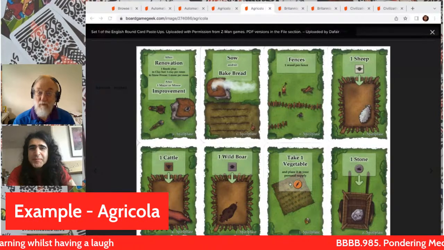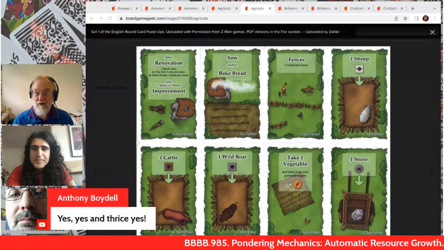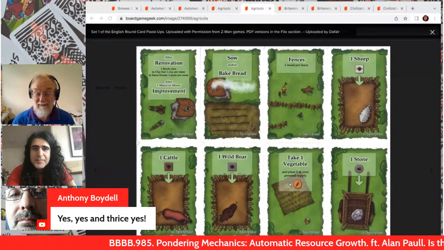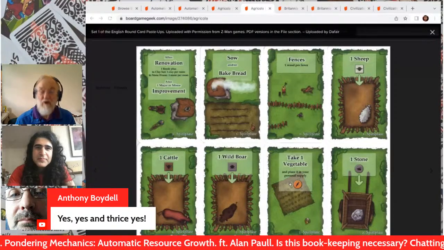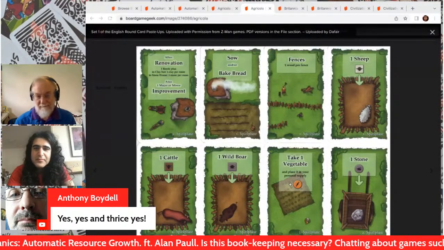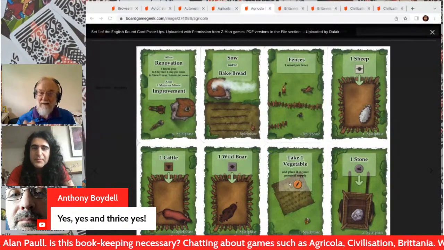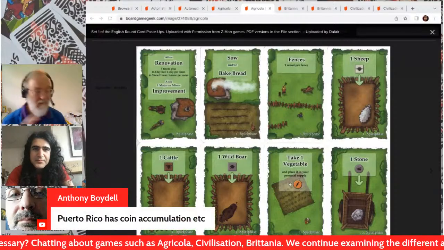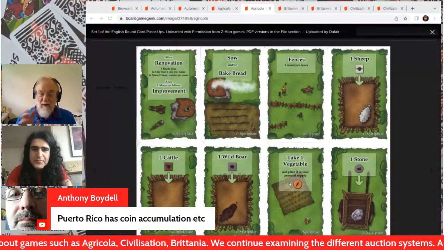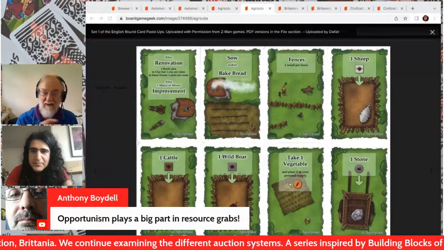If you need wood, and most players will need wood at some point, then you want to be the first player to pick that wood off, and that will push players towards taking the start player action. So tightly locking those resource growths into player order will stimulate people to make those really tough decisions.